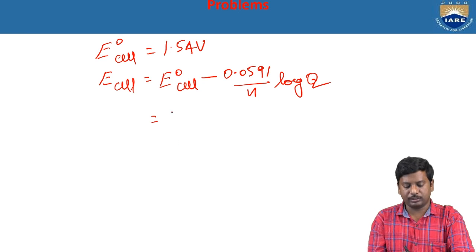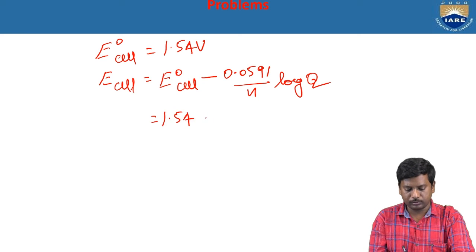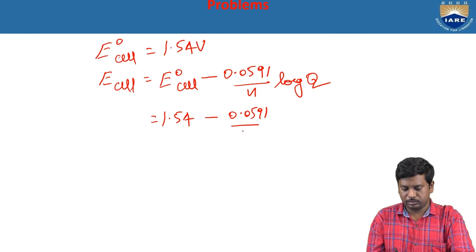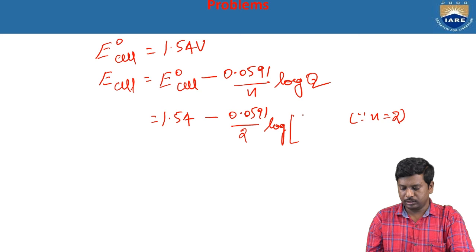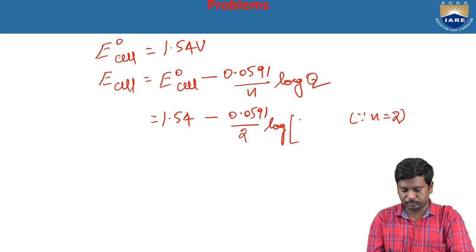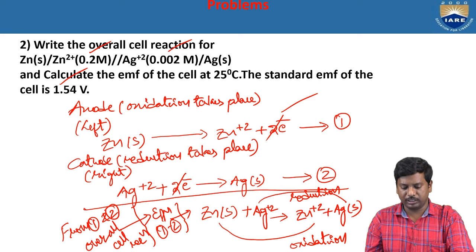The standard electric potential as given is 1.54, minus 0.0591 by N, where N is the number of electrons transferred, which is 2. In the log, the concentration of the product zinc is 0.2 molar, and the concentration of the reactant silver is 0.002.